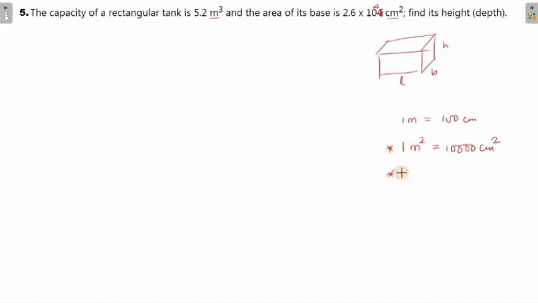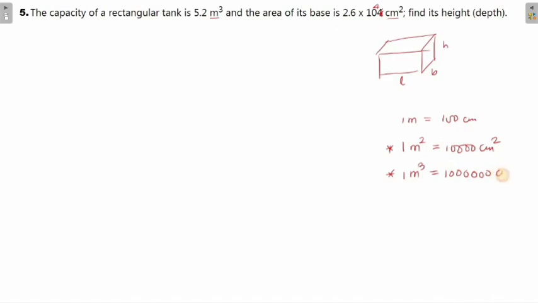Now, next thing that I'm going to write here is, see here carefully. If you cube both sides here, you get 1 meter cube. And the cube of 100 is 100 into 100 into 100. So how many zeros? 6 zeros. So 1, 2, 3, 4, 5, 6.